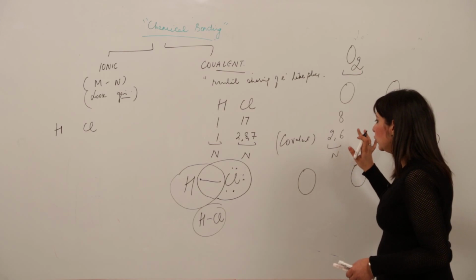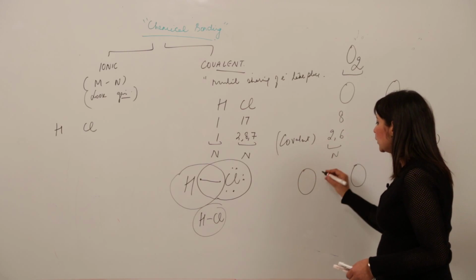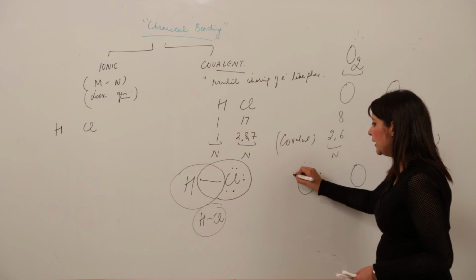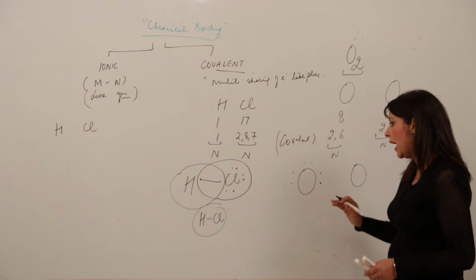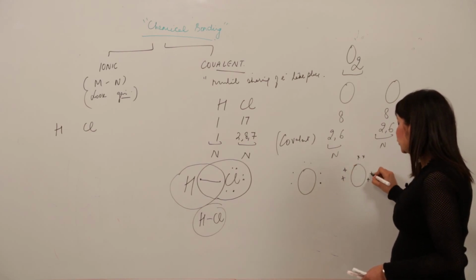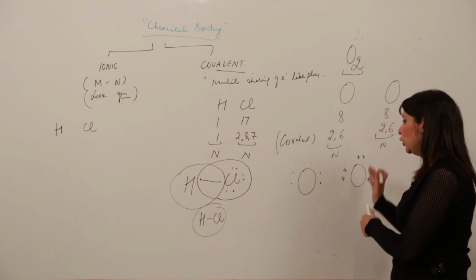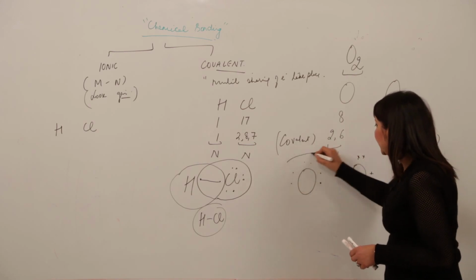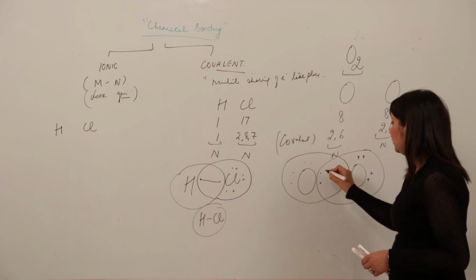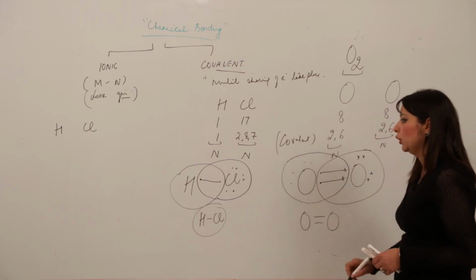You have to put that many electrons in the middle, because only then will we be able to make an electron cloud. So oxygen has 6 and it also needs 2 electrons. So we are putting 2, 4 and 6. These are the electrons it already has. And similarly for this one, I am indicating with crosses just to make it clear, so that you know that the dotted electrons belong to this atom and the crossed ones belong to this atom. Now they will mutually share like this, and it will also mutually share like this. So that means 2 electrons are being shared. This is called a double covalent bond.